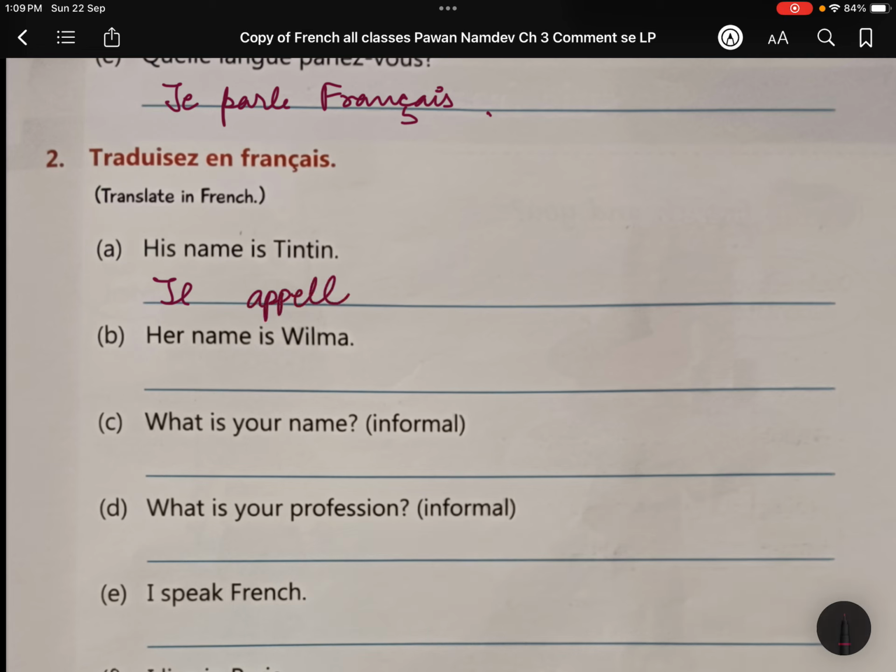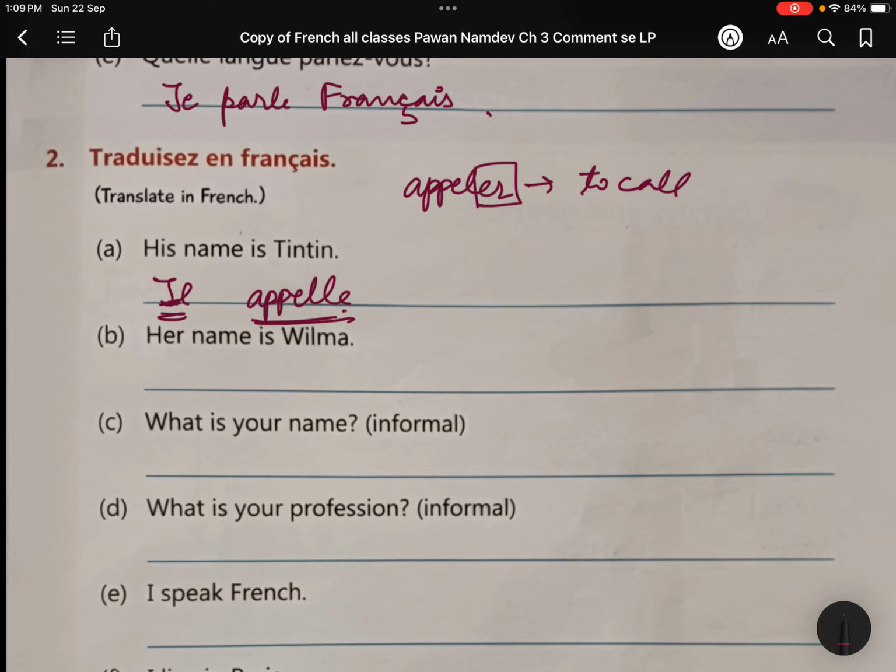Il appelle first of all. He calls. Il means he. Appel means call. Clear? Appel is the verb. It is an er verb, that's why with il we have to use an extra e, the conjugation of this verb. Pronoun il. That's why we have to use extra e.